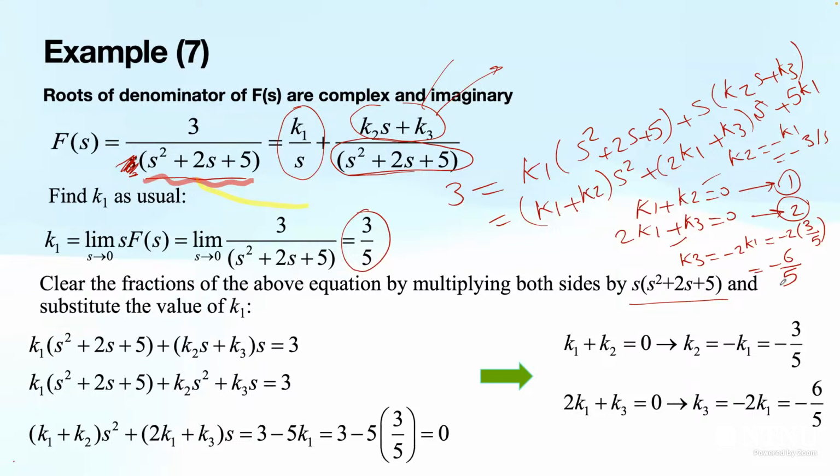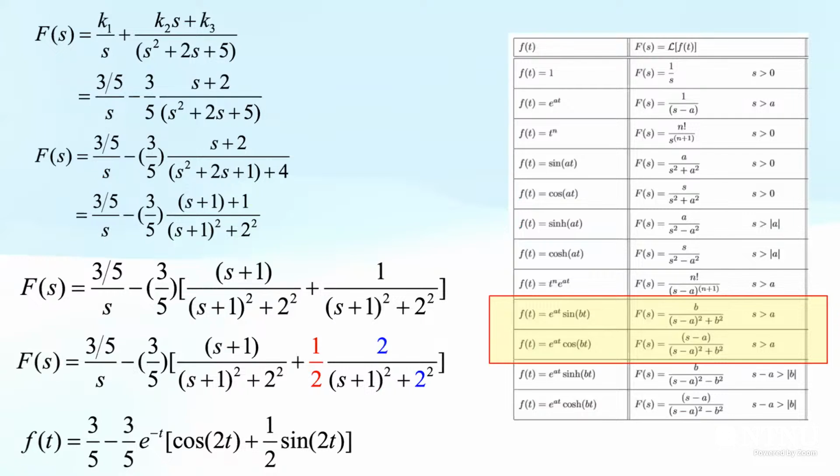So just substitute those values and try to go to the table and find something closer to this formula to find the inverse Laplace transform. So now we will write it. F of S will be K1 divided by S plus this one, substitute those values, try to simplify, and try to find something closer to this form from the table.